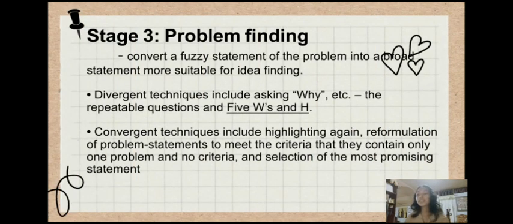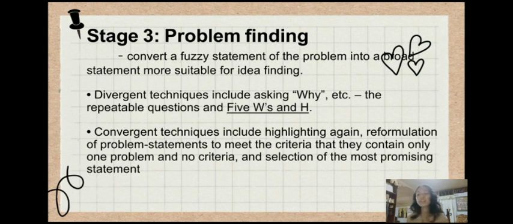Next, we have stage 3, which is problem finding. We convert a fuzzy statement of the problem into a broad statement more suitable for idea finding. Like in the thesis, we have a statement of the problem nga kanang mafokusan na to, which is the heart of the situation, or the center of the situation that we need to find a solution for.